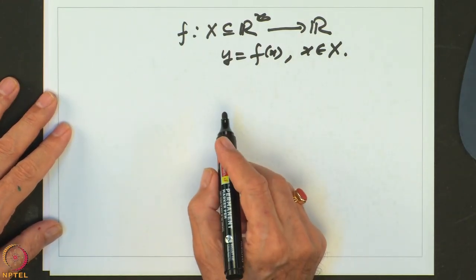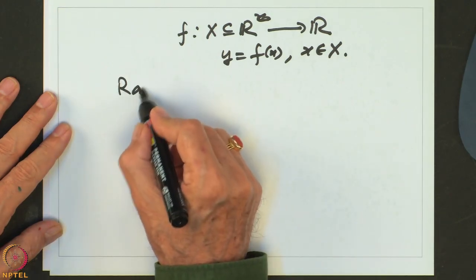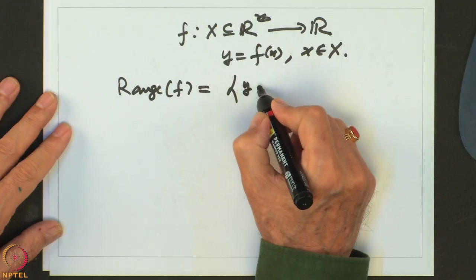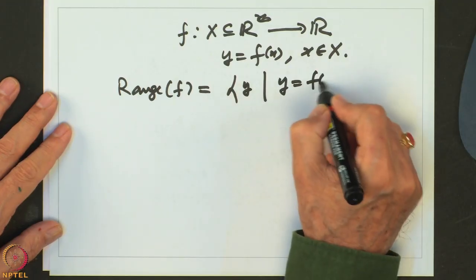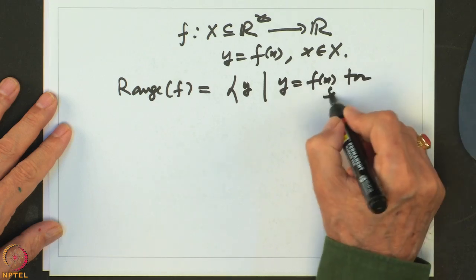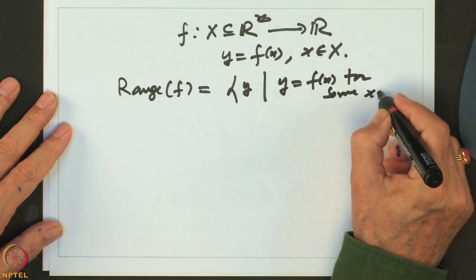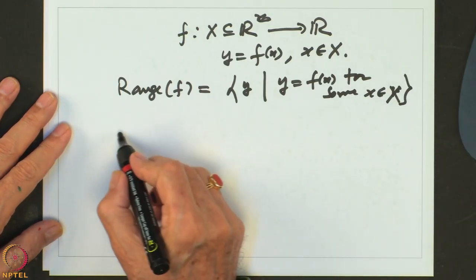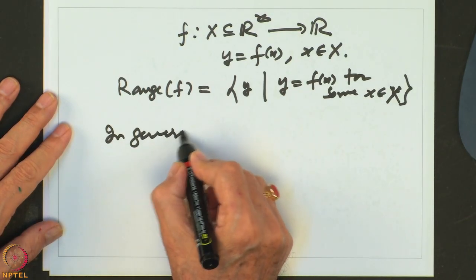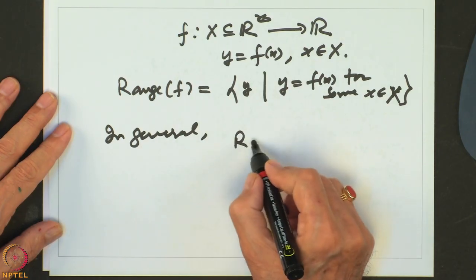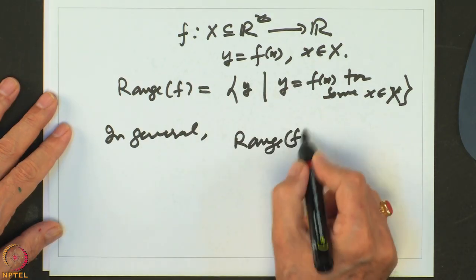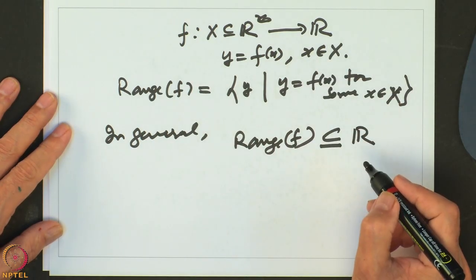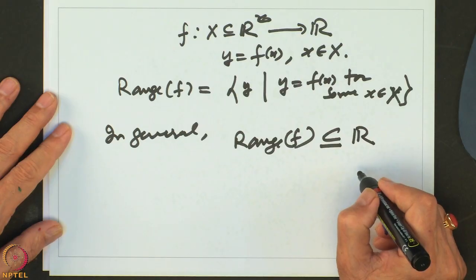Now, recall we defined the range of the function to be all y such that y is equal to f of x for some x belonging to the domain. So, in general, we saw examples, range f is a subset of the codomain. Here it is R, that is the codomain, right.